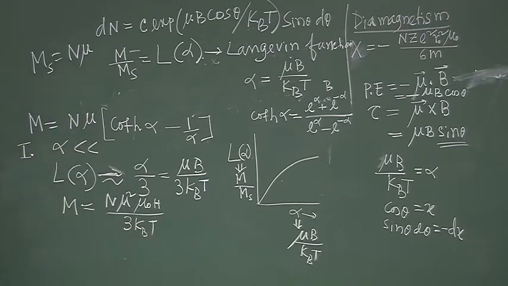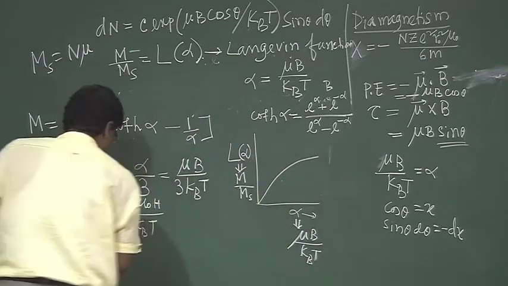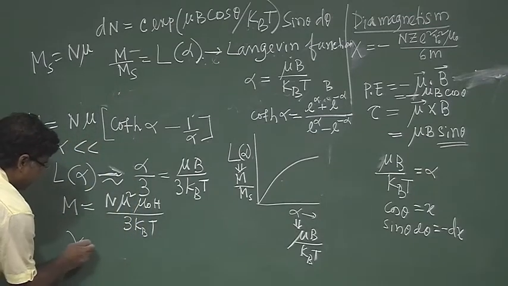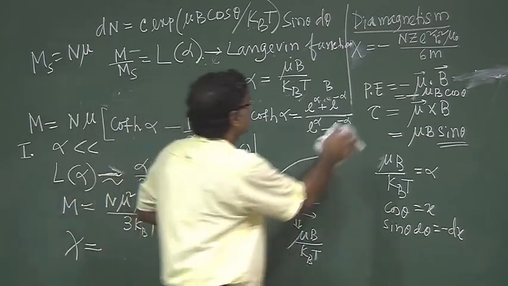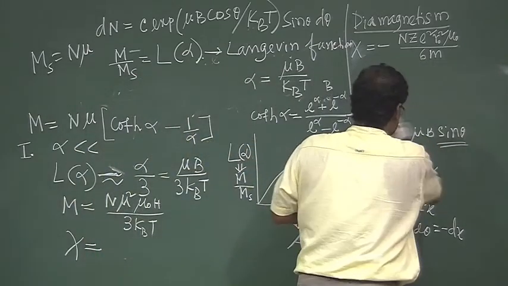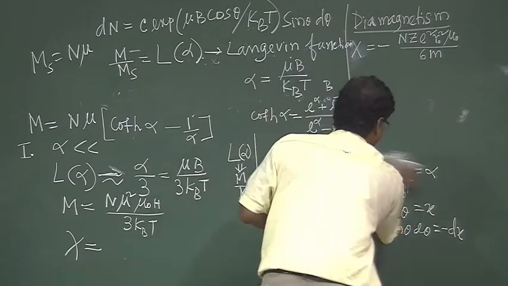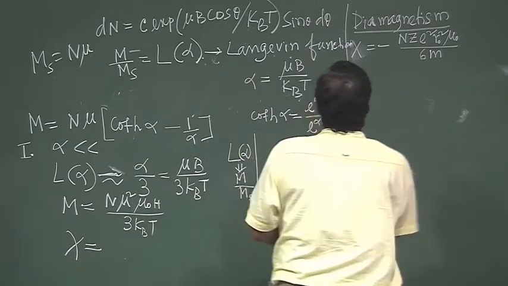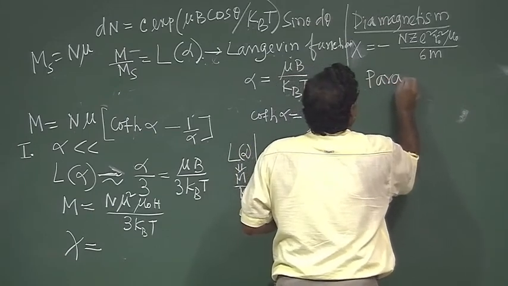So from here one can find chi for a paramagnetic material.